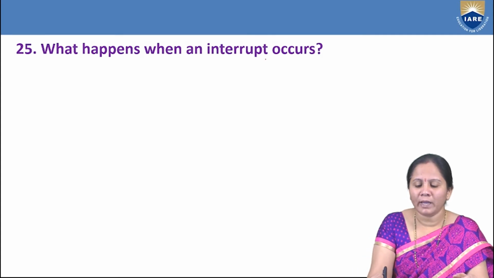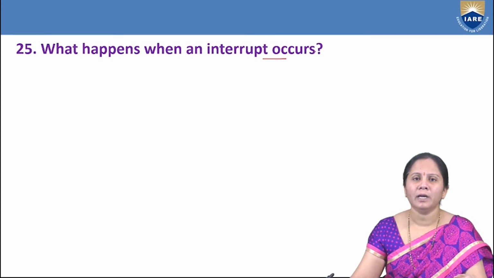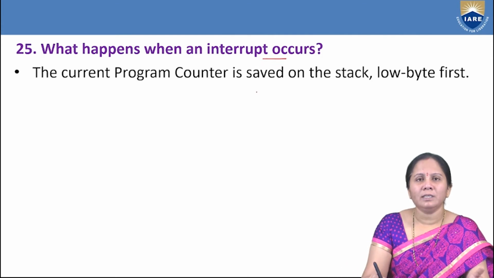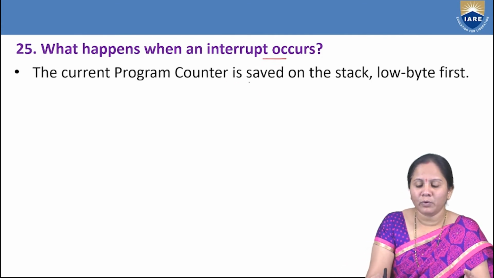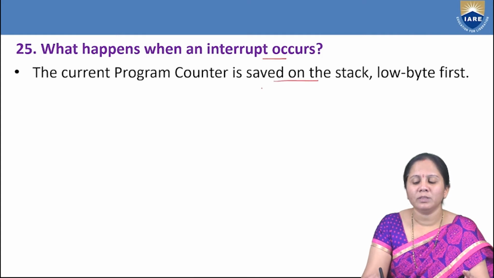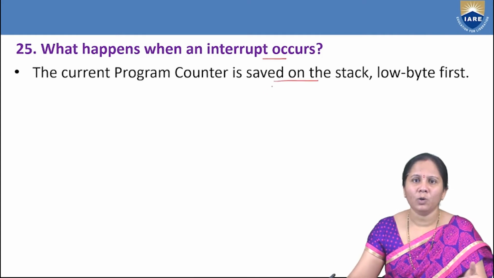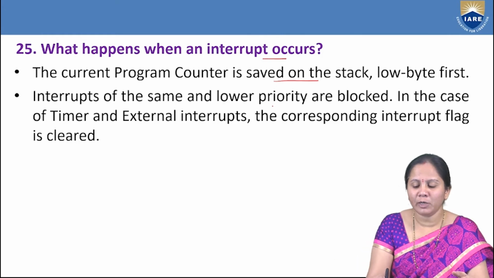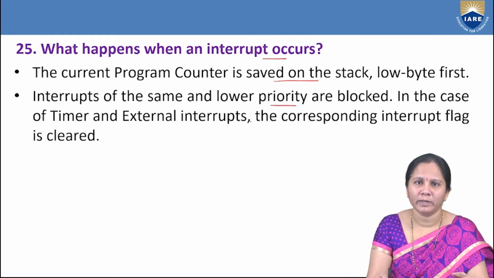Now, what happens when an interrupt occurs? The current program counter will be saved on the stack, lower byte first, and interrupts of the same and lower priority will be blocked.